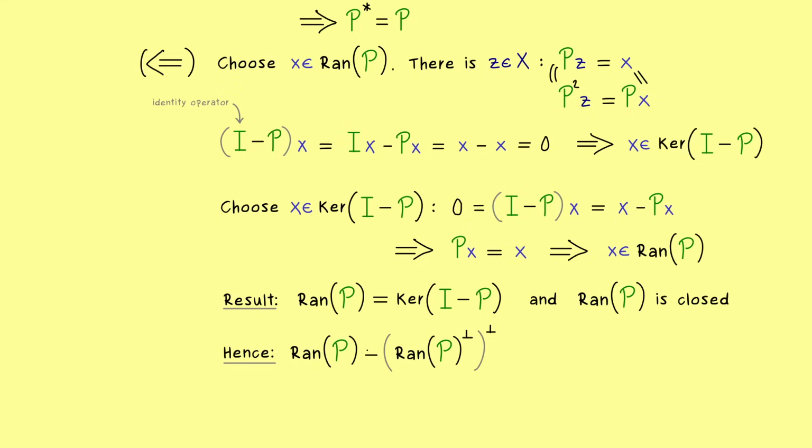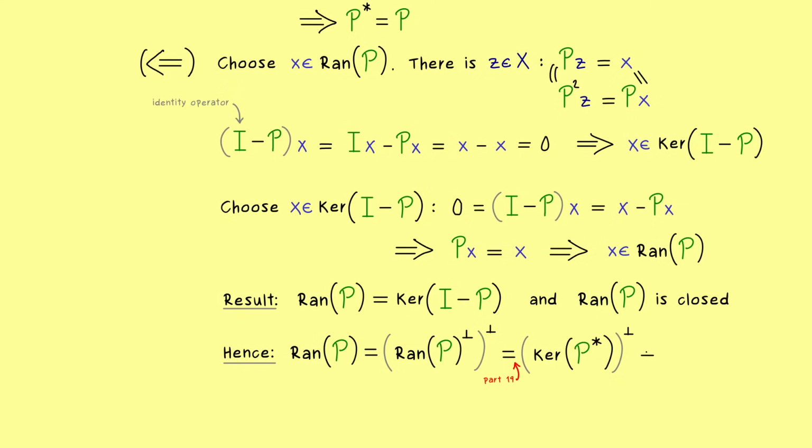So you see, this is what we can use here for the range of P. Moreover, here inside the parentheses, we can use a property for the adjoint of an operator. Namely, the orthogonal complement of the range can be substituted by the kernel of the adjoint. So please check the last video if you don't remember this.